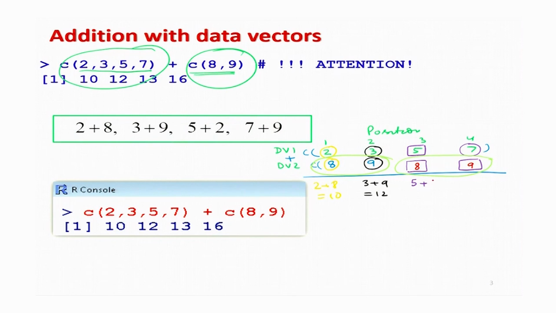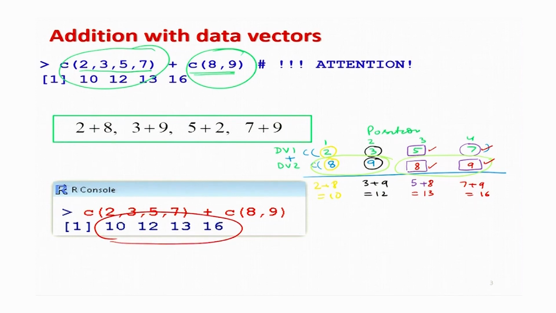The value at the third place, which is 5, and the value at the third place in the second data vector, which is 8, are going to be added and you get the answer 13. Similarly, the values in the fourth places in data vector 1 and data vector 2 are added and you get the value 16, and you get these 4 values 10, 12, 13, 16.